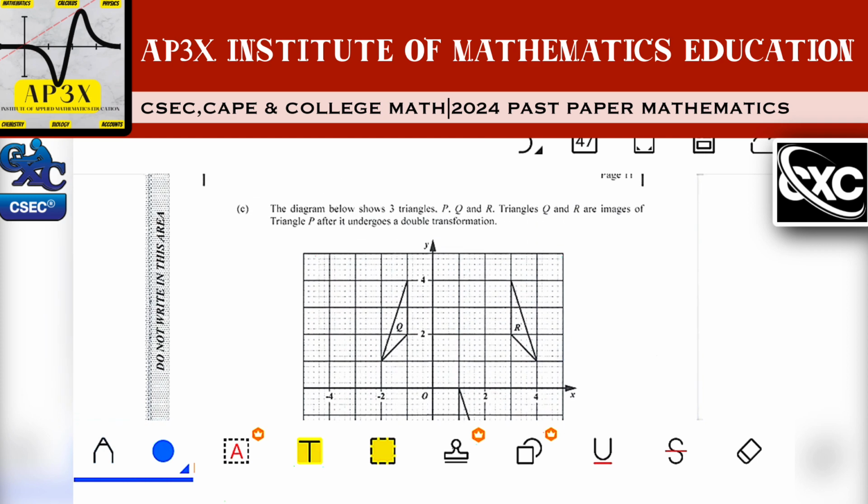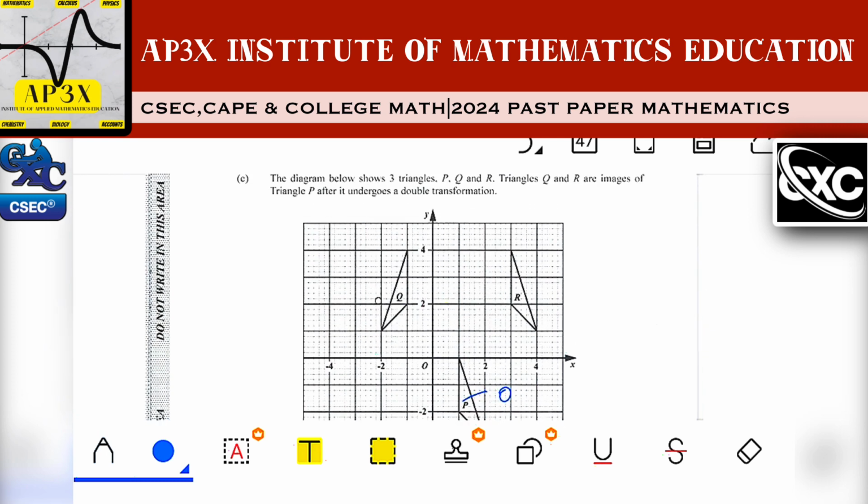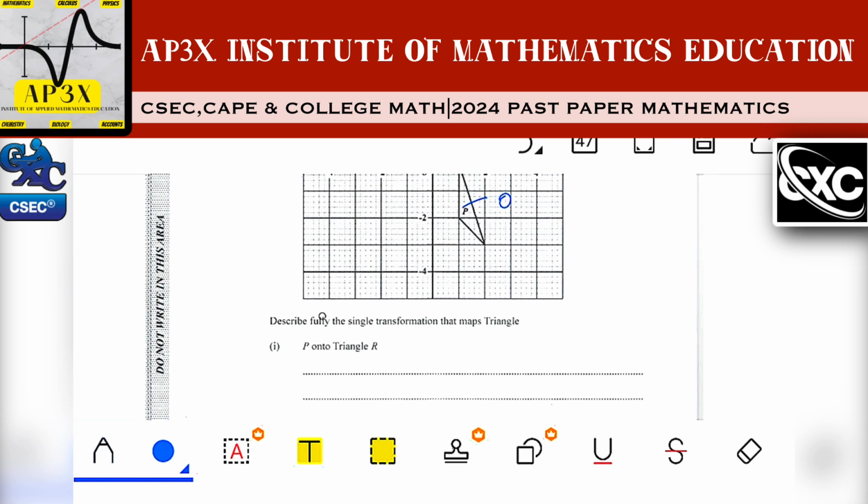So we know right away that triangle P is going to be my object, and these two are in fact separate images of triangle P. All right, so let's call that I and I. So they're separate transformations.